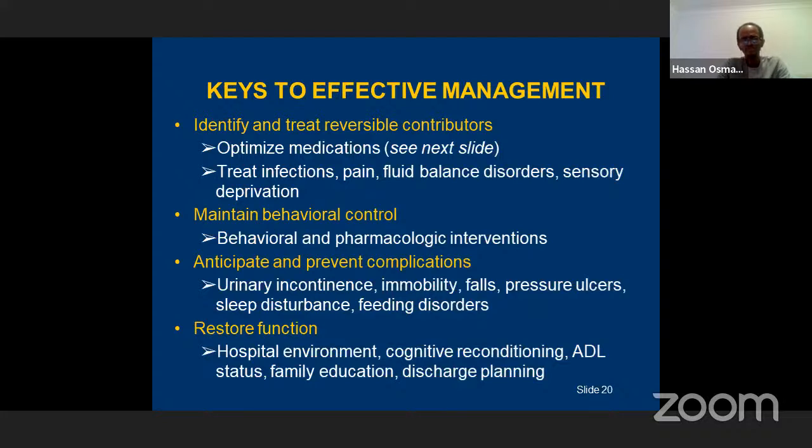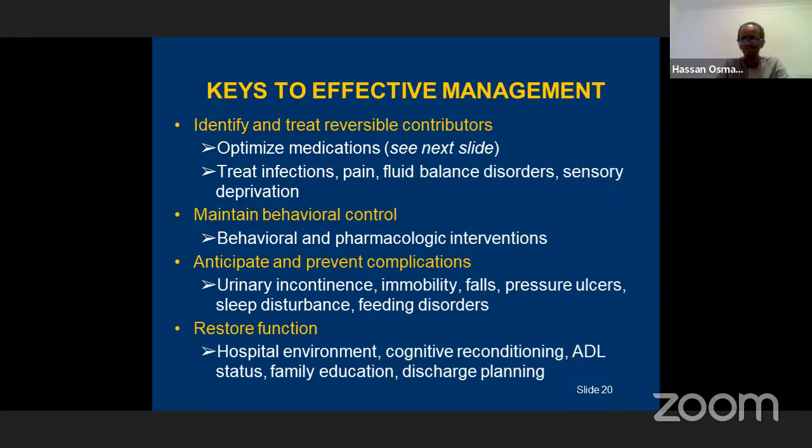Okay, so when it comes to the keys to effective management, we should first of all identify and treat the reversible contributors. That needs good knowledge regarding the precipitating and triggering factors. So optimize the medication and treat the infection. If the person is suffering from pain, you should tackle that.